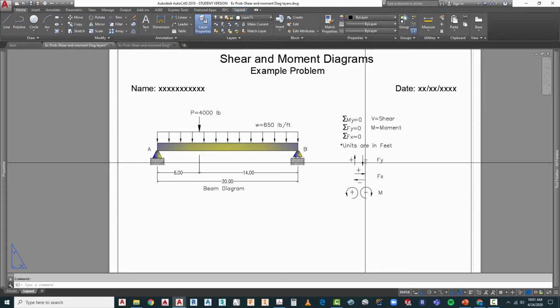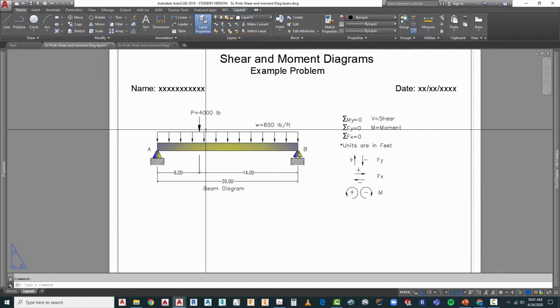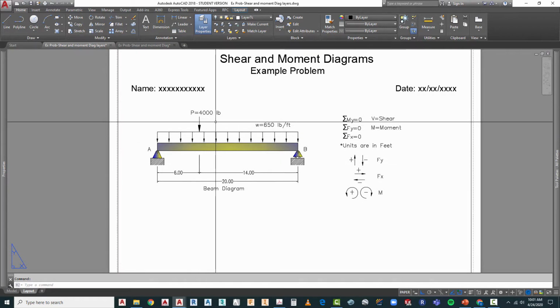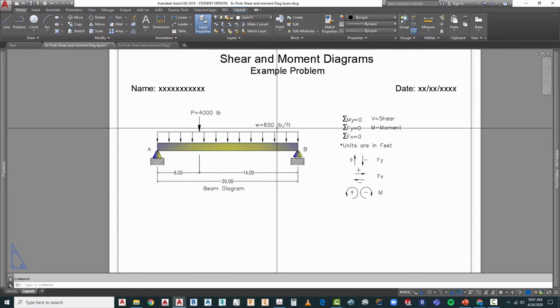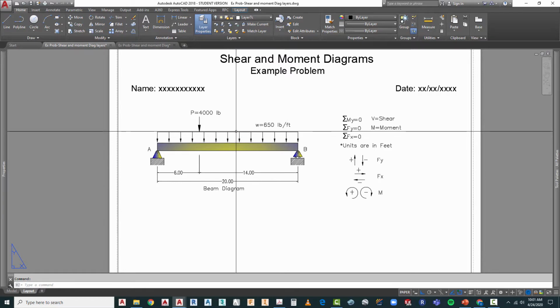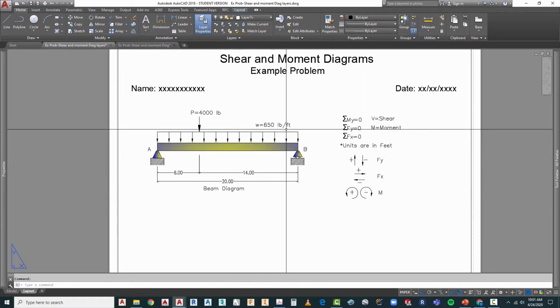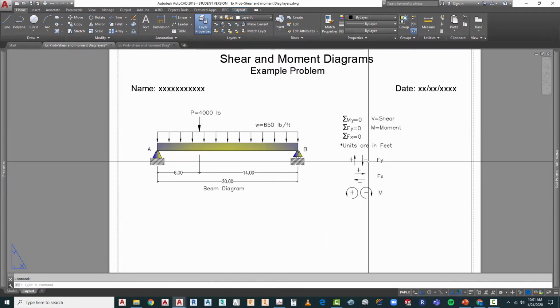As an example, your 4,000 pound force here would be considered a negative force. Your 650 pound per foot distributed load is considered a negative force. Why? Because they are both acting in the downward direction.